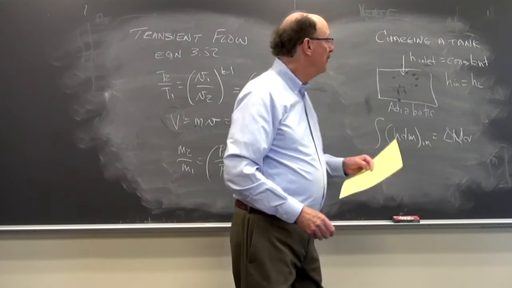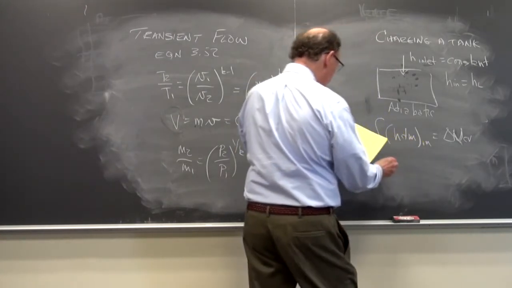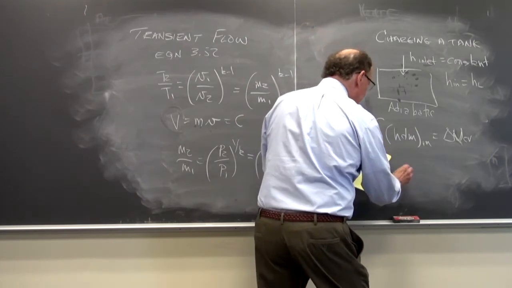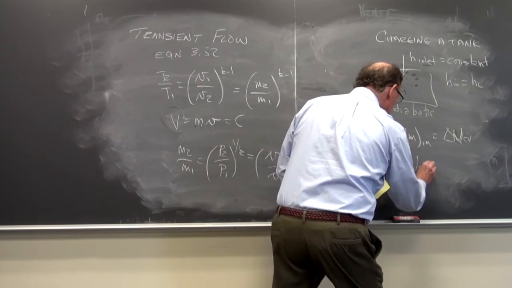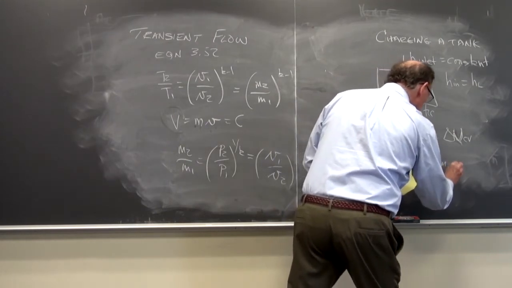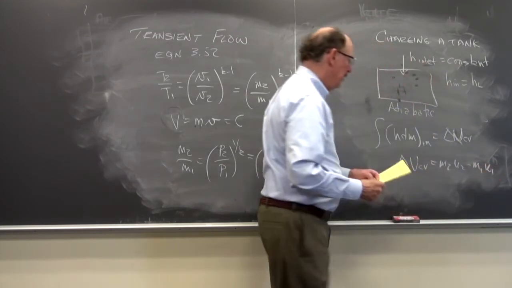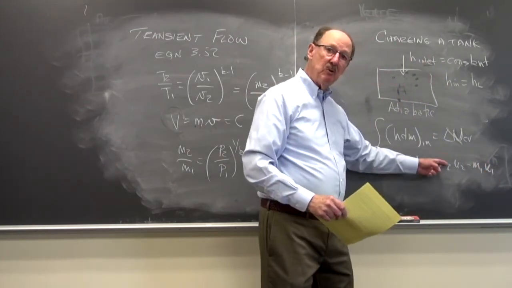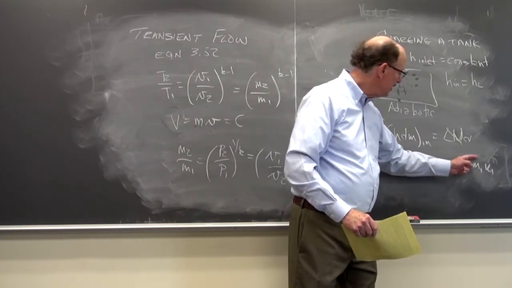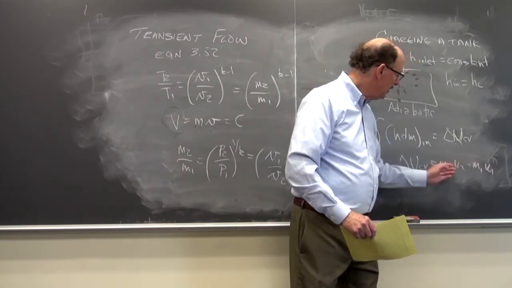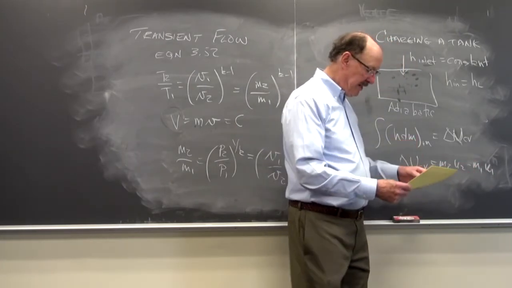I know that delta U of the control volume is equal to M2U2 minus M1U1. So this is the mass final times its internal energy minus the mass initial times its internal energy, the difference between them is the change of the control volume. Now we're going to evaluate this term as well.